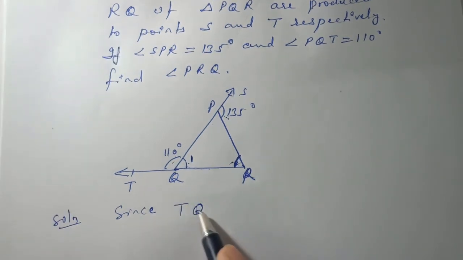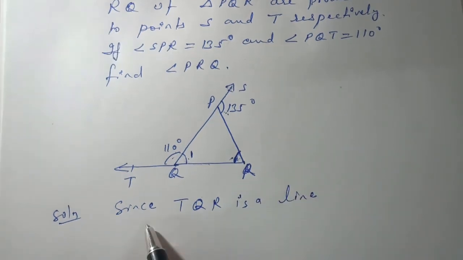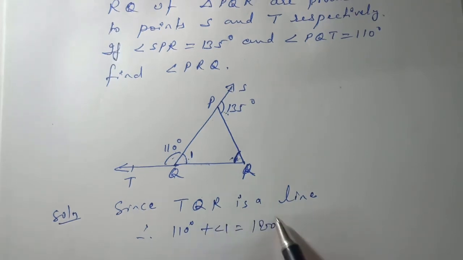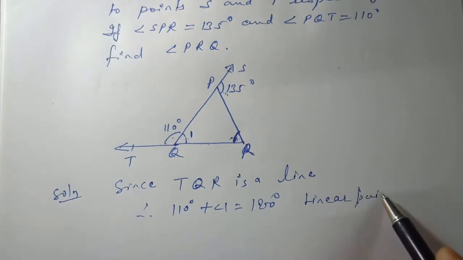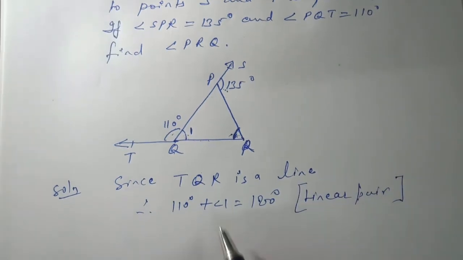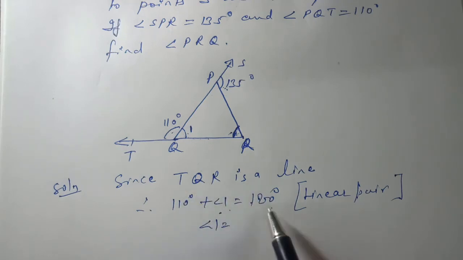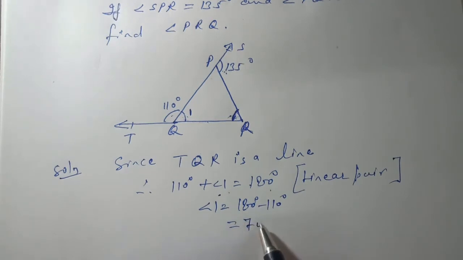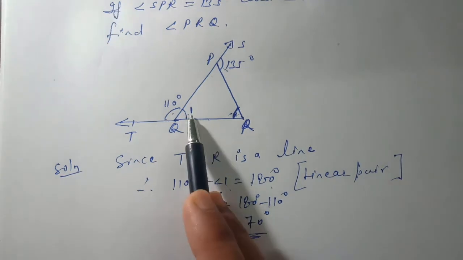Since TQR is a line, therefore 110 degrees plus angle 1 is equal to 180 degrees. Why? Because they form a linear pair. Transposing 110 to the other side, we can find the value of angle 1. So we get 180 degrees minus 110 degrees, which gives the value of angle 1 equal to 70 degrees.